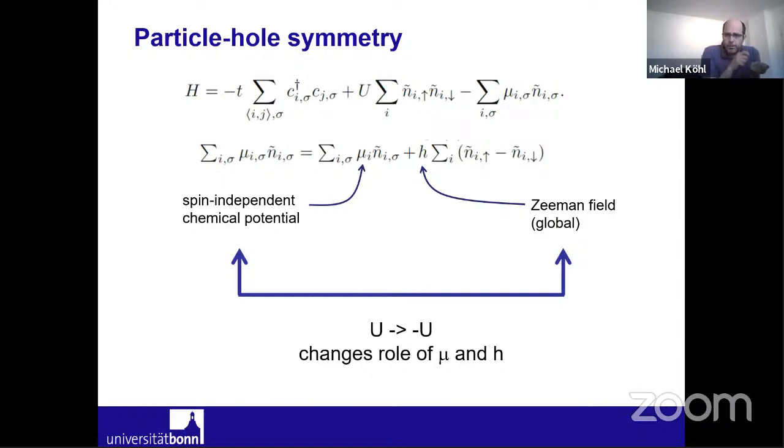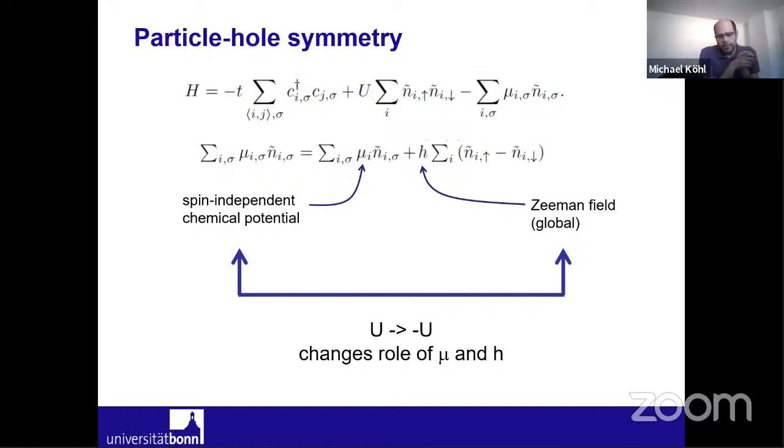So we go from positive to negative U, or from repulsive to attractive. And at the same time, the roles of the chemical potential and the Zeeman field, so the spin imbalance, also flip. So basically, we can write down our global chemical potential as a spin-independent chemical potential, which tunes the total density, and a Zeeman field.